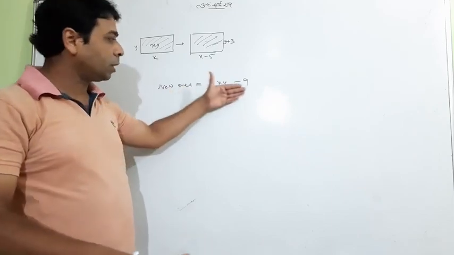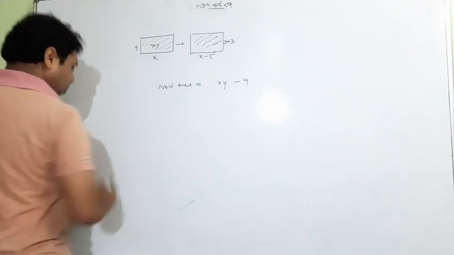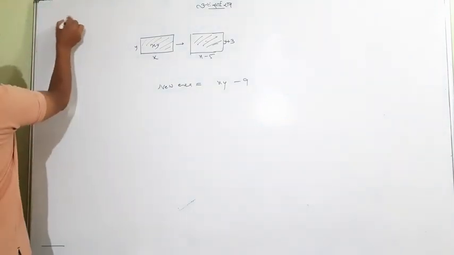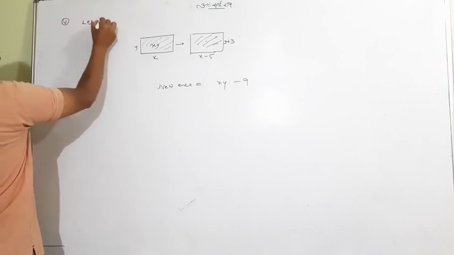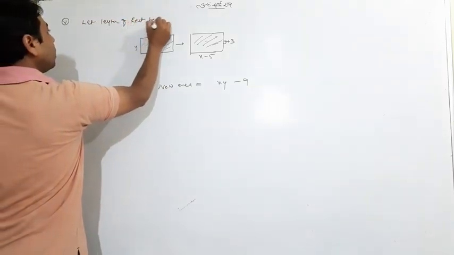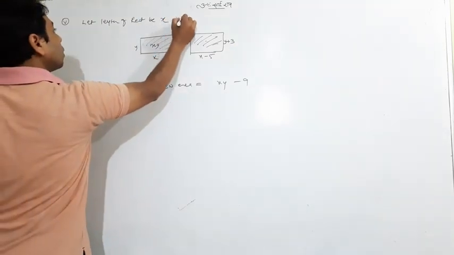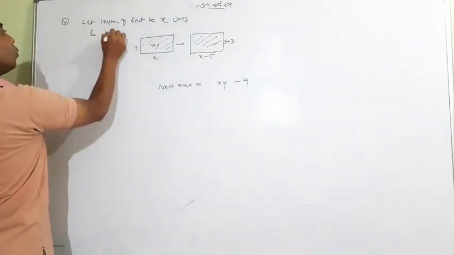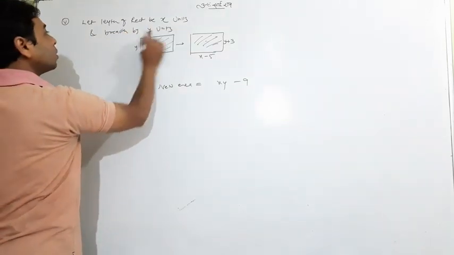So you have to make this equation. Okay, so this will help you, student. Let me first start the solution. It's question number 5, so I would write: let the length of the rectangle be x units and the breadth be y units.